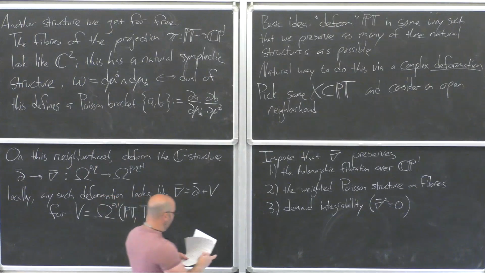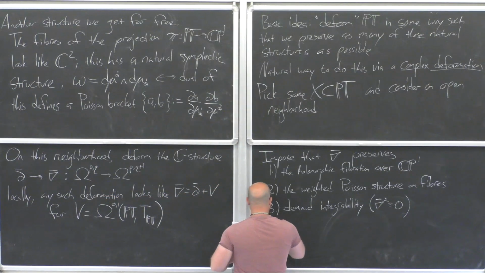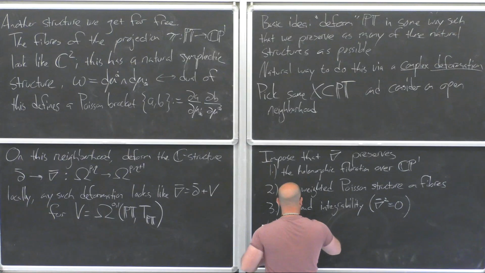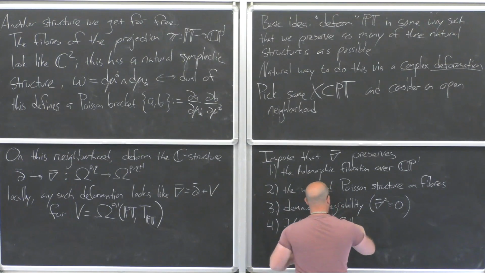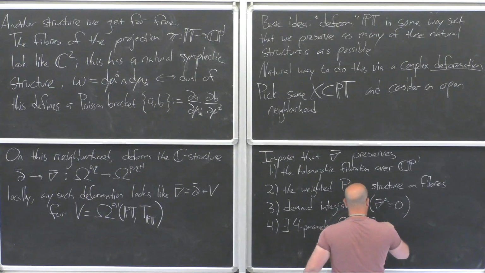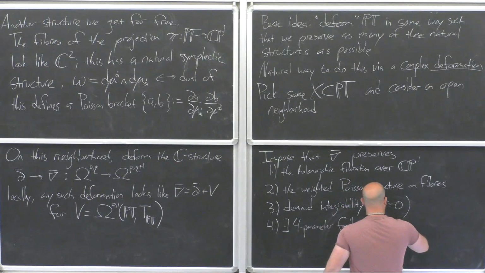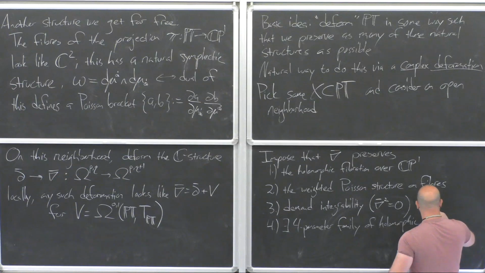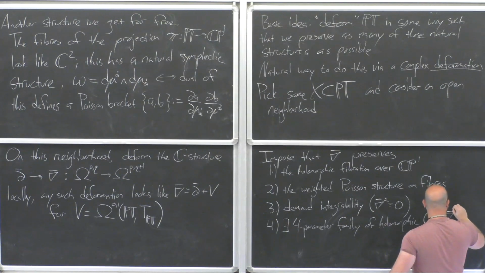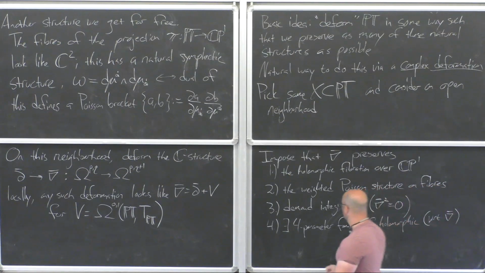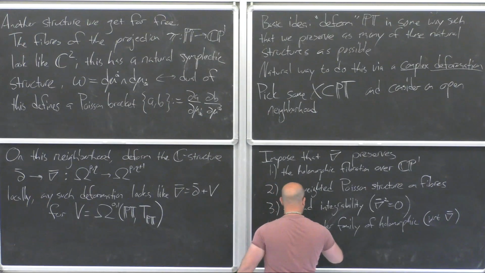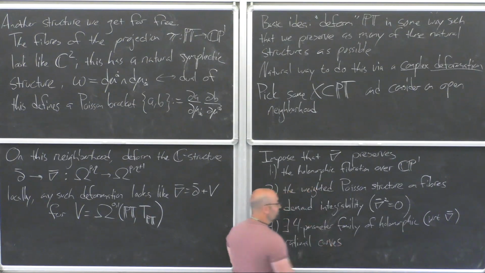And finally, we'll ask that there exists a 4-parameter family of holomorphic, now holomorphic with respect to our new complex structure, rational curves.